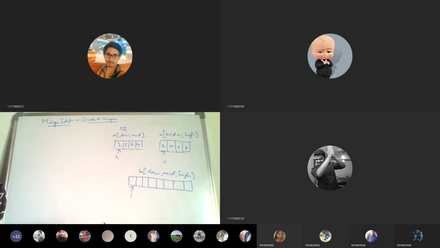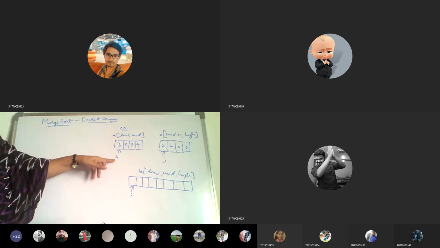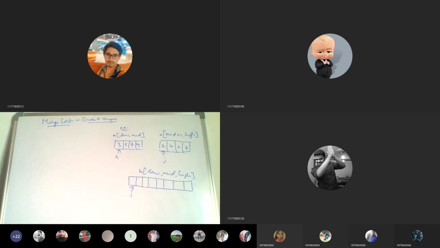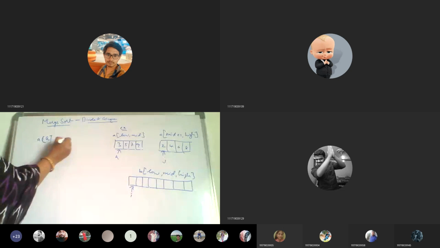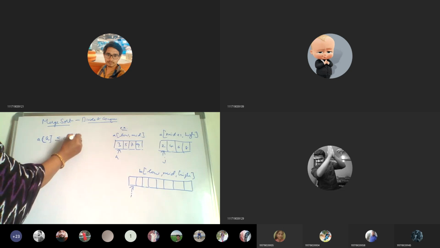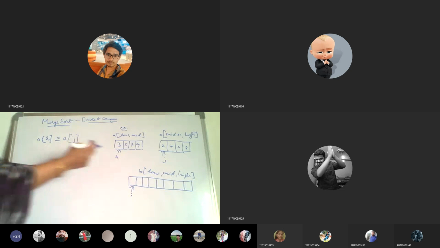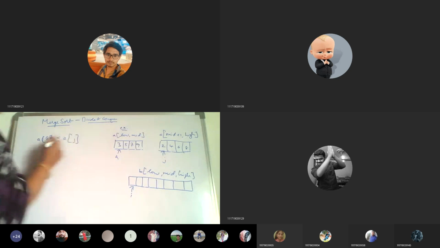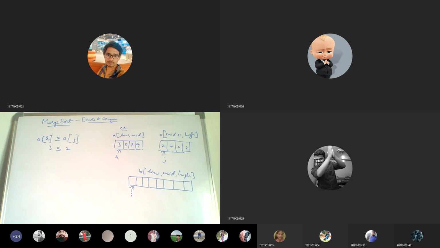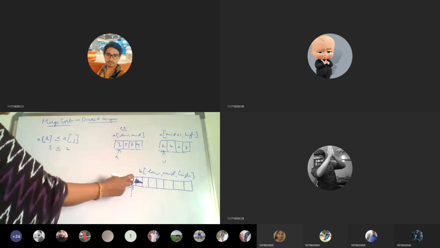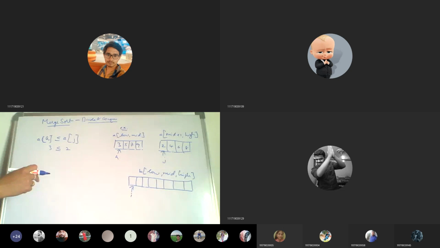So first what do they do? A of H and A of J will be compared. Is A of H less than or equal to A of J? So here 3 and 2. Is 3 less than or equal to 2? No. But if it is true, whichever is smaller, that smaller element we have to copy here.